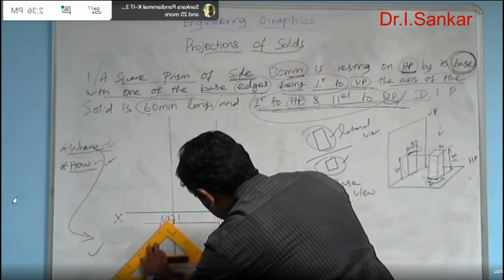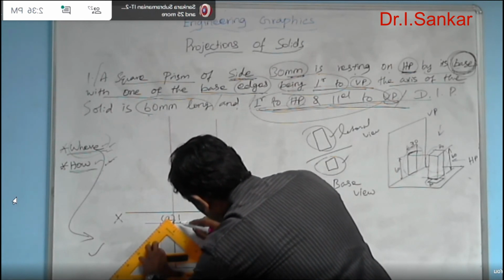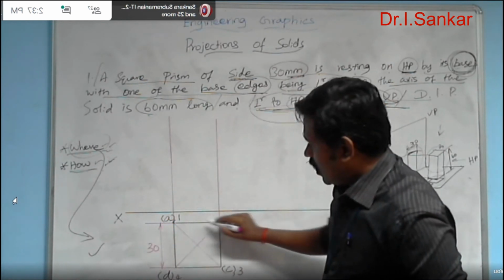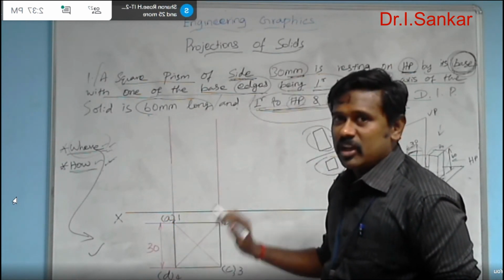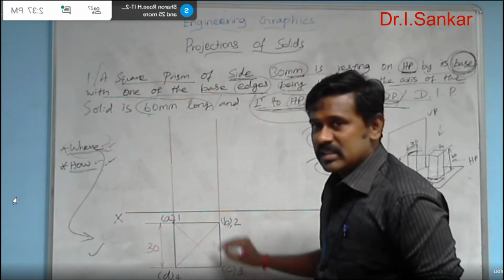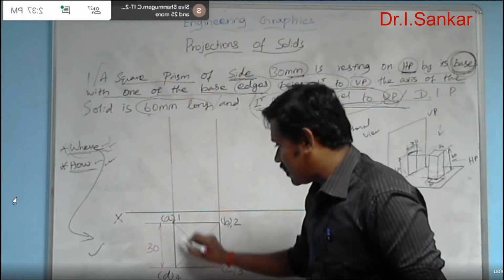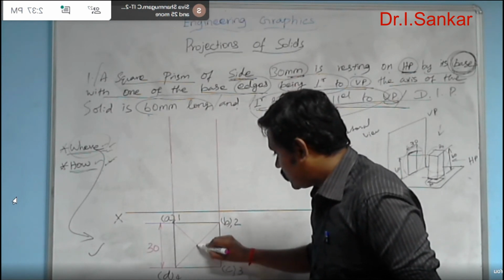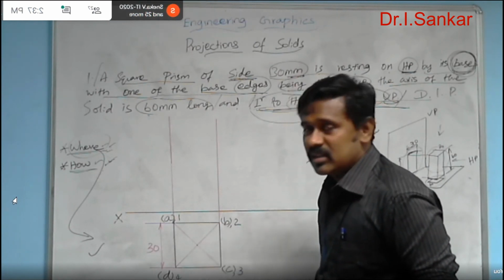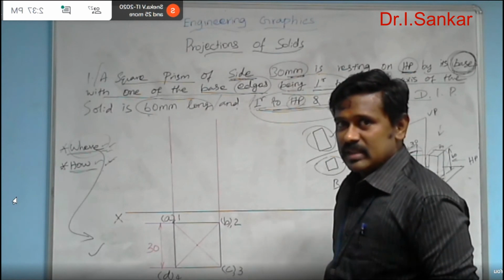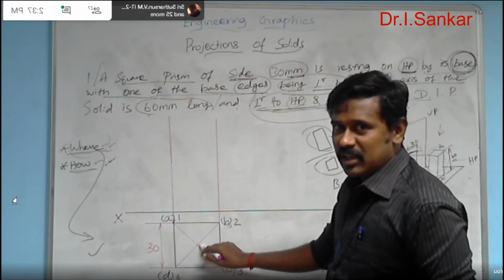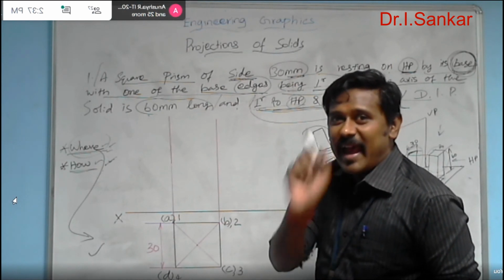Do these things with the help of the 2H pencil. The actual body parts of the object should be drawn with the HB pencil. The rest of the construction work, finding the center by drawing the diagonals, should be drawn with the 2H pencil. And here I just identify the center point of the square base. This point I mentioned here is nothing but the top view of the axis.